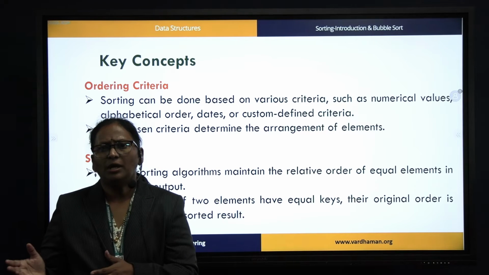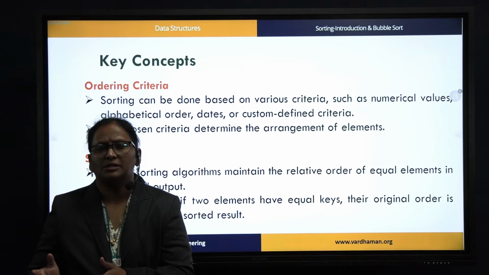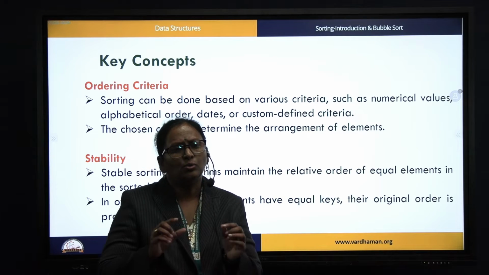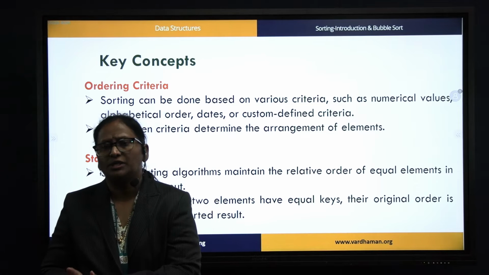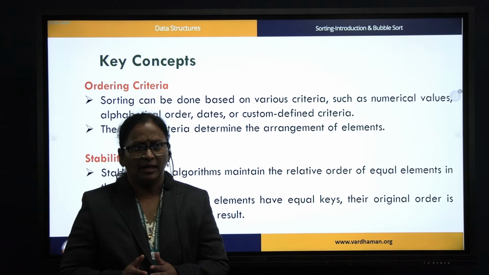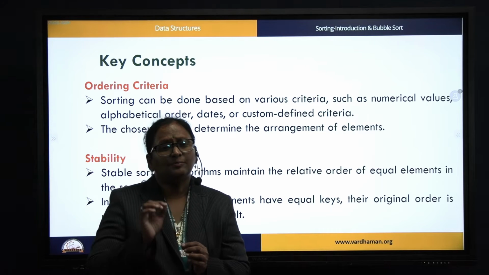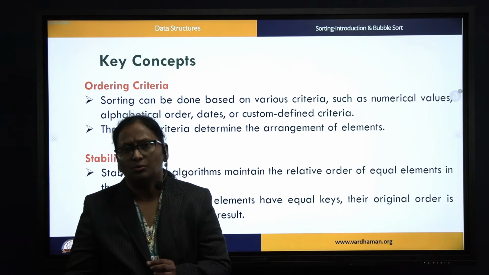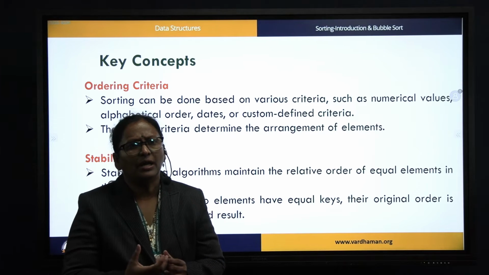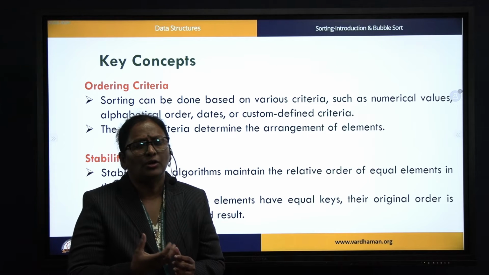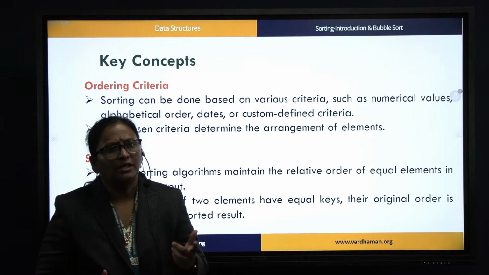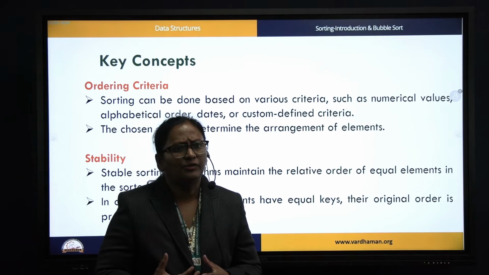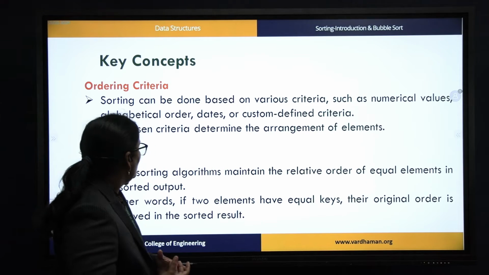The value is 2 only, but it is placed in 3 different positions. So while sorting the elements, these 3 2's have to come in consecutive locations. In the given array, the 2 which is placed at position 2 has to come first as compared to the other 2's. In that way, we are going to maintain that relative order. So that is also one of the factors we consider as a key concept in sorting.